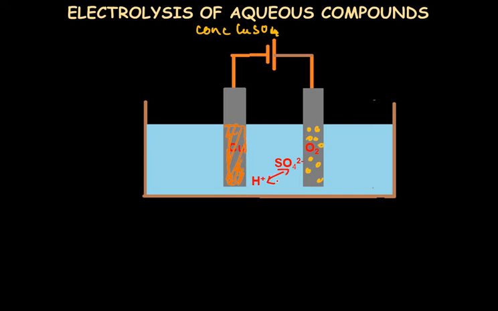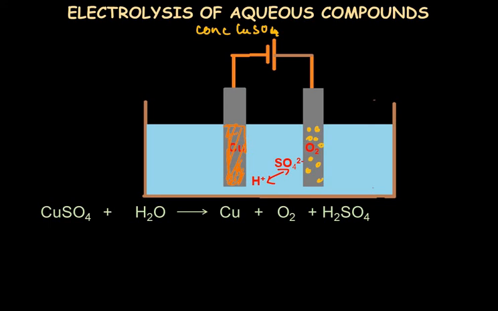So what does the electrolyte change to? It's going to change to sulfuric acid because of the presence of hydrogen ions and sulfate ions. The overall equation can be written as this, where there are the 3 products: copper metal, oxygen gas and sulfuric acid in aqueous form.